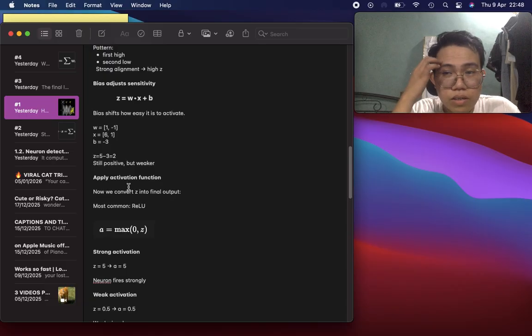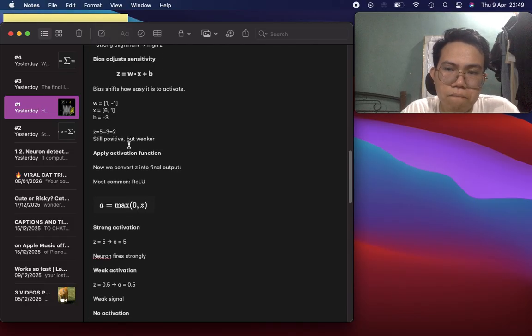So what does the bias actually do? It shifts the neuron, saying that this neuron is not so important. That's why I need to moderate it and adjust it to a lower value, because we don't want it to become too high.